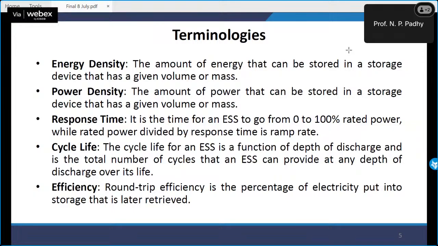Similarly, power density is the amount of power that can be stored in a storage device with a given volume and mass. Response time is the time for an energy storage system to go from 0 to 100% rated power, while rated power divided by the response time is the ramping.